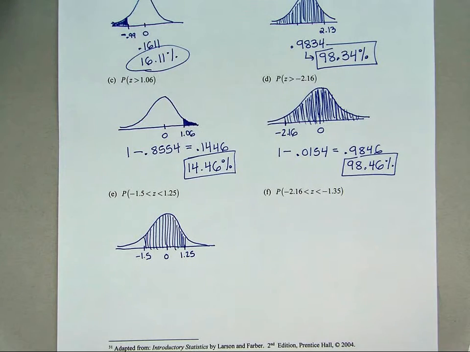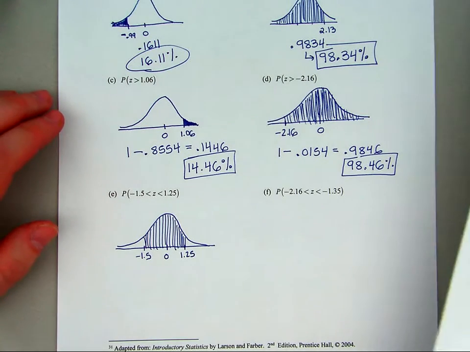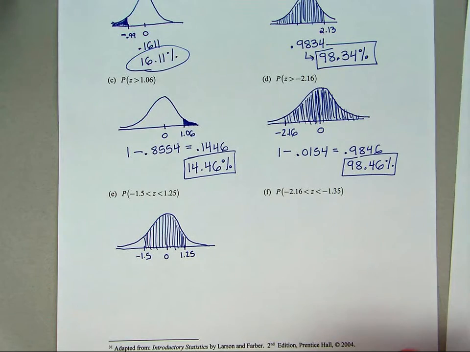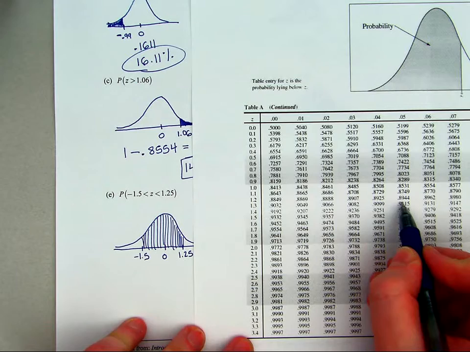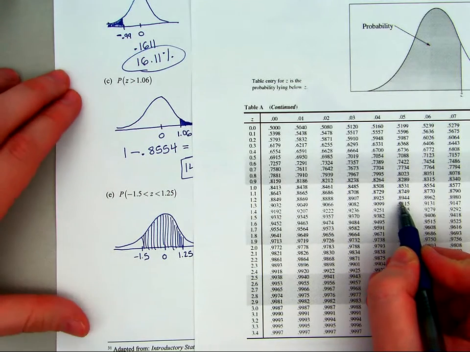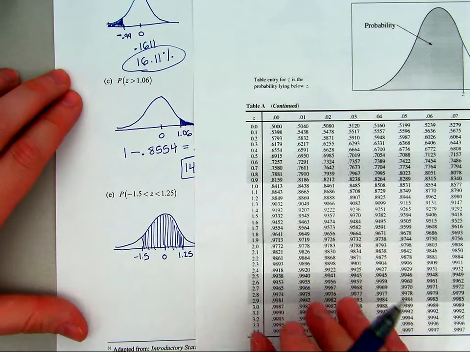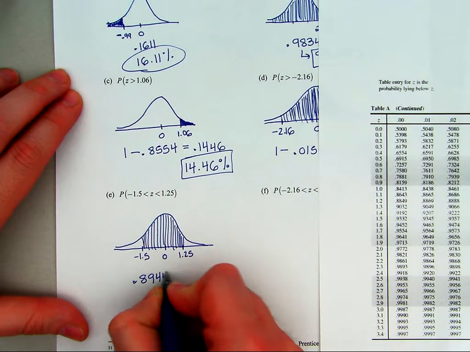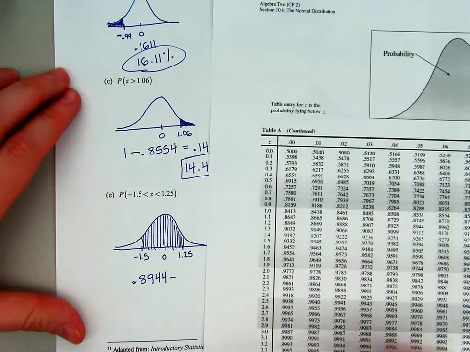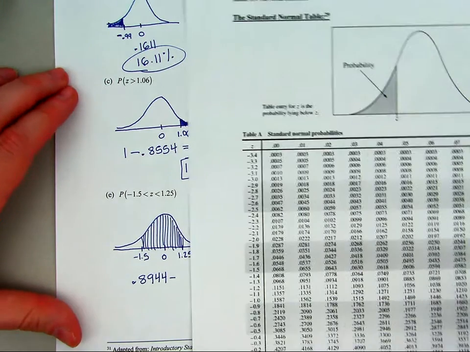Going to my standard normal table, the area to the left of 1.25, let's see, 1.2 over to 5 gives me 0.8944. Minus the area to the left of negative 1.5, so we need to go to the negative table.